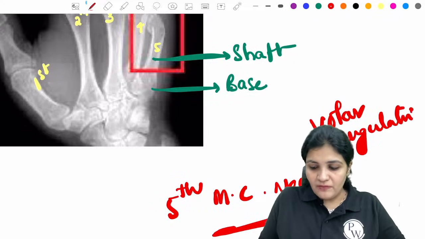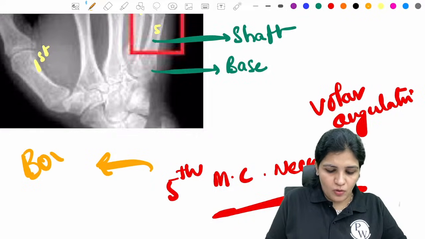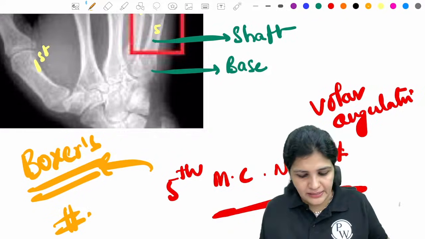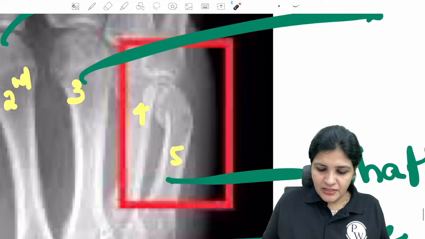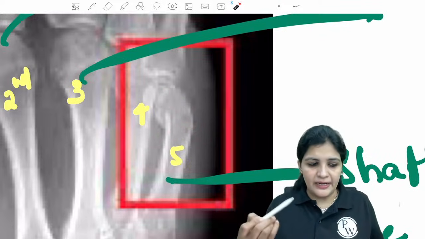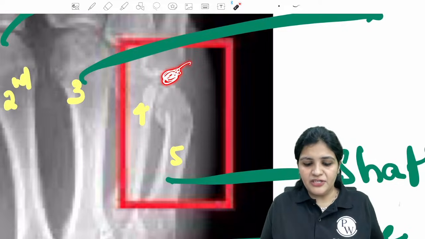Whenever you see a fifth metacarpal neck fracture, this is also called your boxer's fracture. So this is not the head, it is the neck. You can see the fracture is here, not here. Whenever it is the head, it is again the joint, the metacarpophalangeal joint, that will be involved.